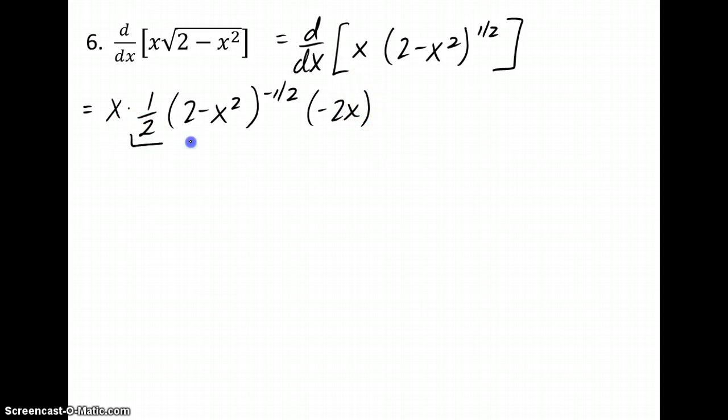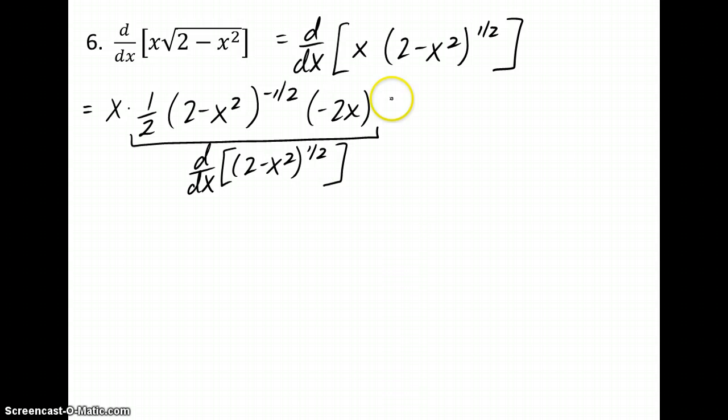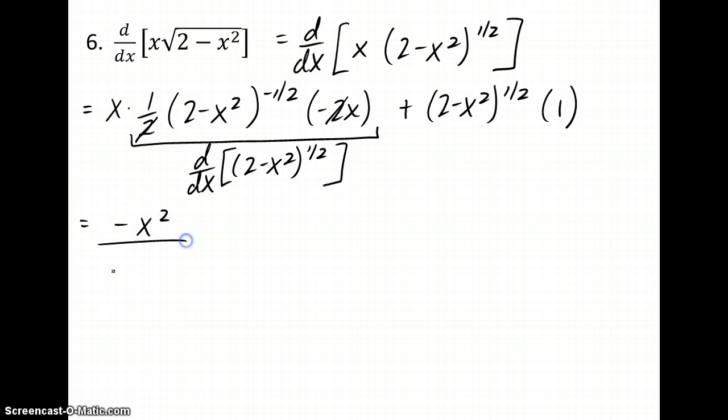Now the second term needs the chain rule, because if we look at it, x is being squared, and then we're raising that function to the 1/2 power. So first times the derivative of the second, plus second times the derivative of the first function. Derivative of x is just 1. Okay, these 2's will cancel each other out, multiplying and making positive exponents.